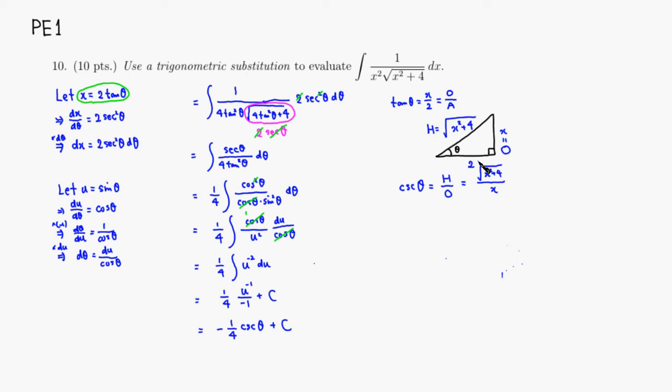So therefore this can be rewritten as negative square root of x squared plus 4 over 4x plus some constant c. So this is the integral that we are looking for. That's it. I hope that this was clear.